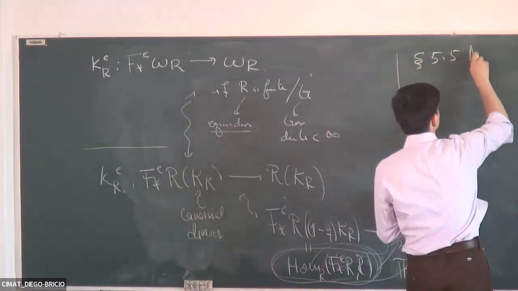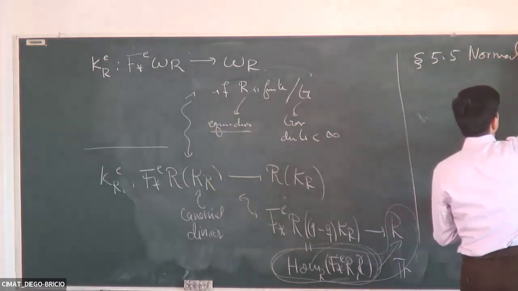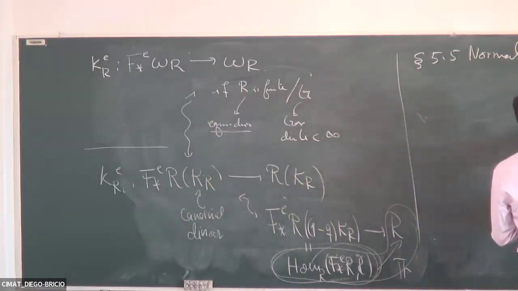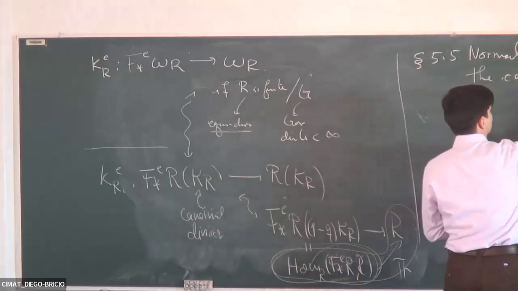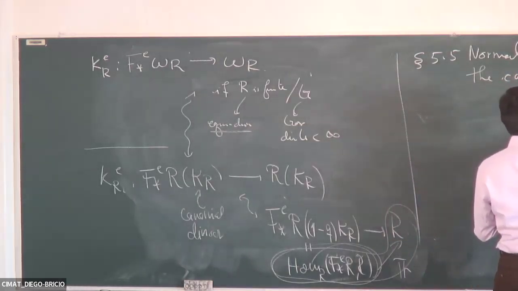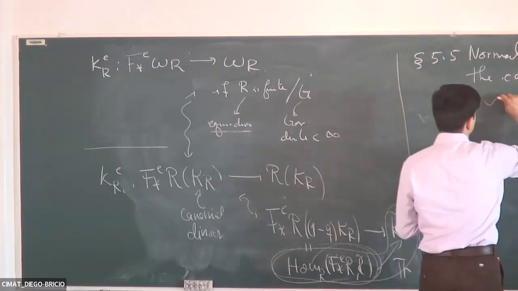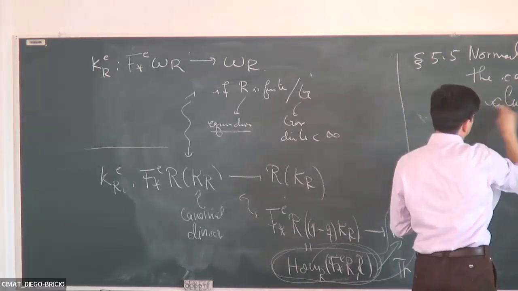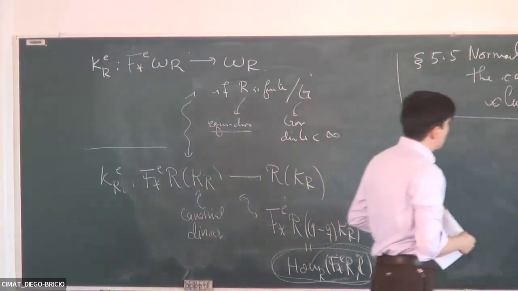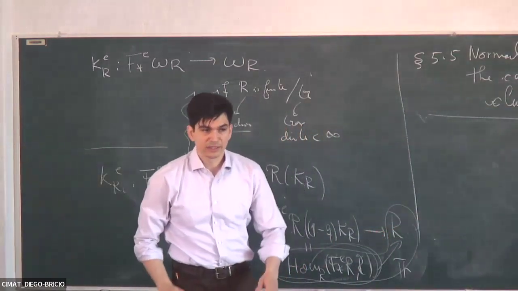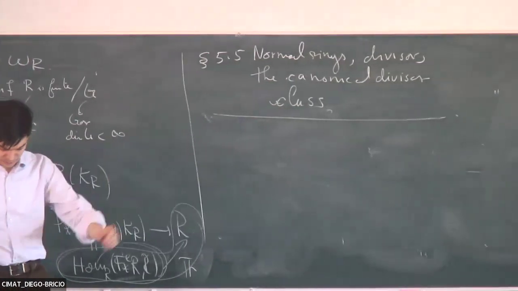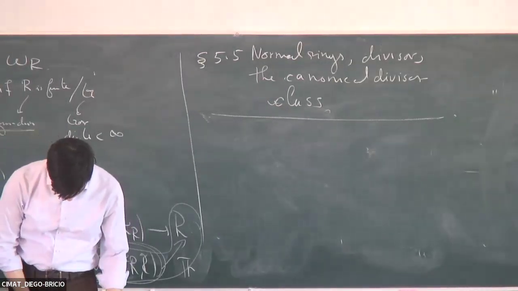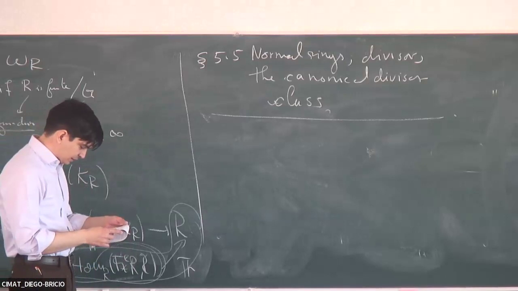I call it normal rings, divisors, and what we're looking for, the canonical class. I should say the canonical divisor class. And the other wonderful thing about this is that it's going to make the connection with birational geometry very explicit. So okay, let's get into that.